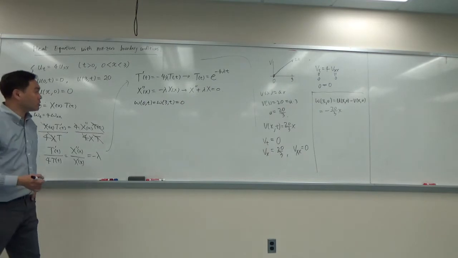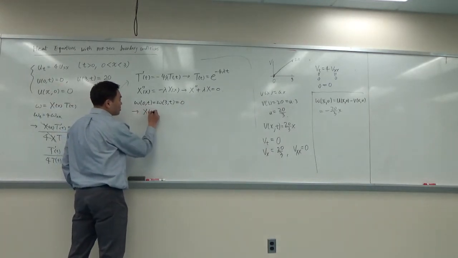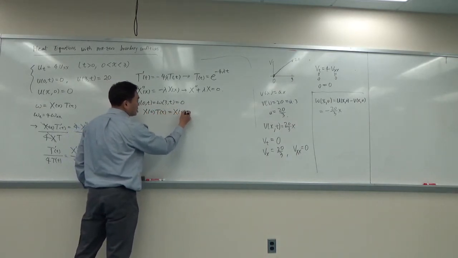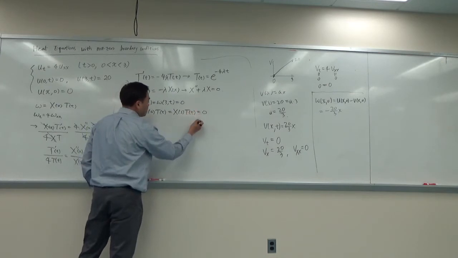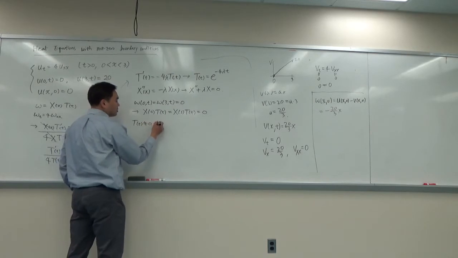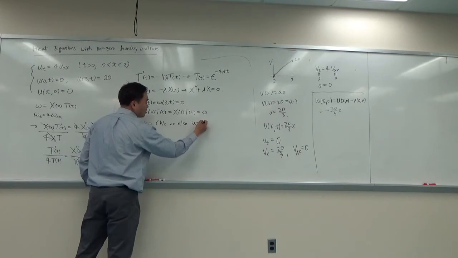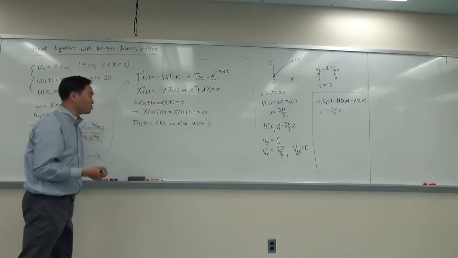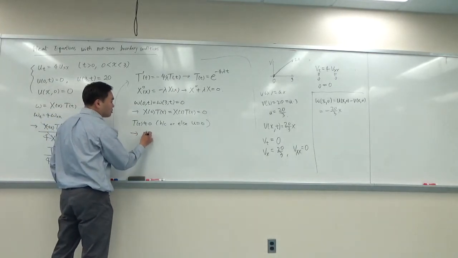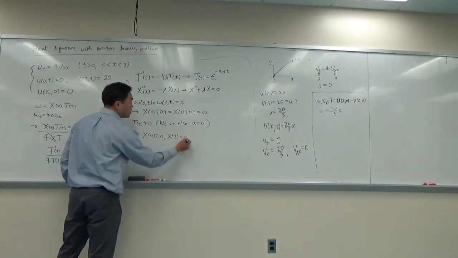I erased it. So that means X of 0 T of t equals X of 3 T of t equals 0. And we don't want T of t equals 0, or else u is 0. You get a trivial solution. We don't like trivial solutions. Okay? We want all non-trivial solutions. So that forces you to have X of 0 equals 0, X of 3 equals 0.